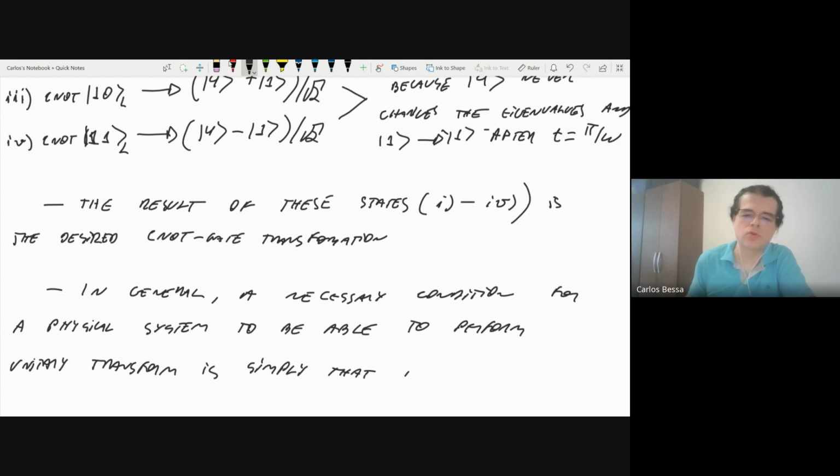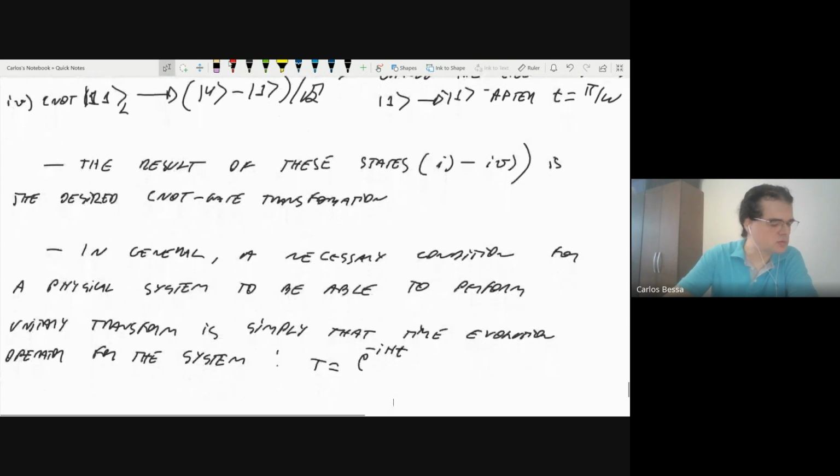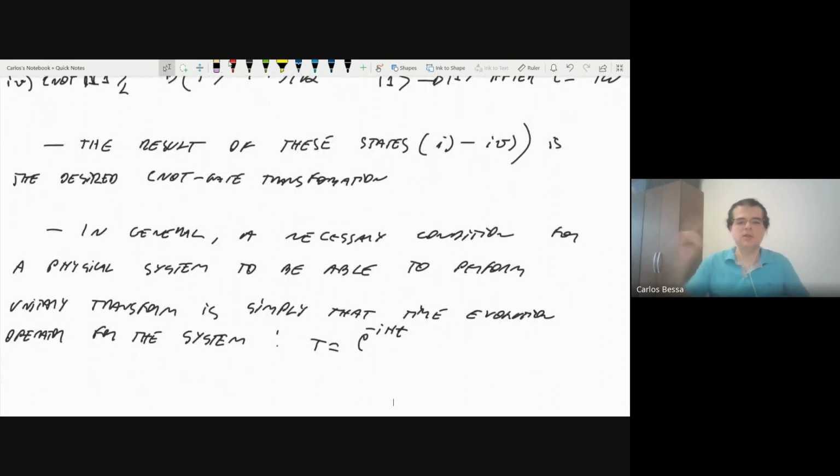The time evolution operator for the system, which we use, in this case, T, is the exponential of minus i H t, if H is the Hamiltonian, and t is the period of time that we are doing the computation.